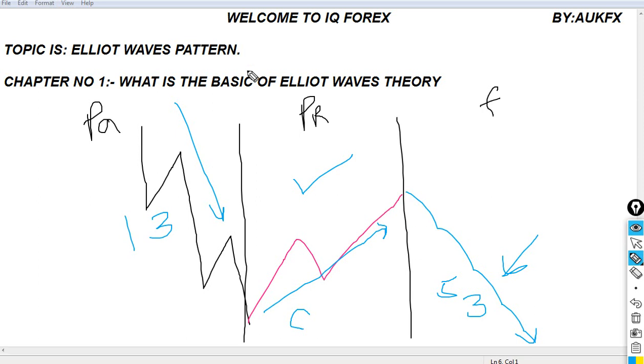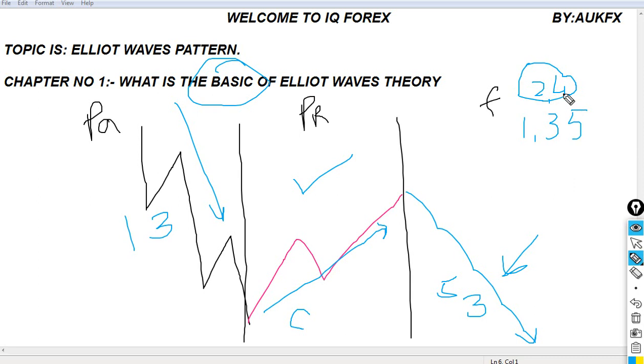because our topic right now is Elliott wave pattern basics. So we will just talk about it and we will remind ourselves again and again that impulsive waves depend upon 1, 3, 5, not 2 and 4, because 2 and 4 are the corrective parts.